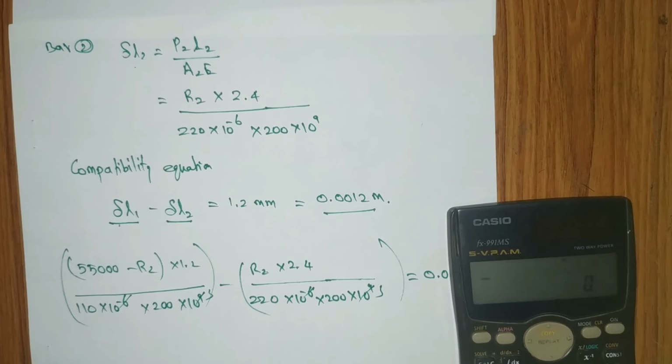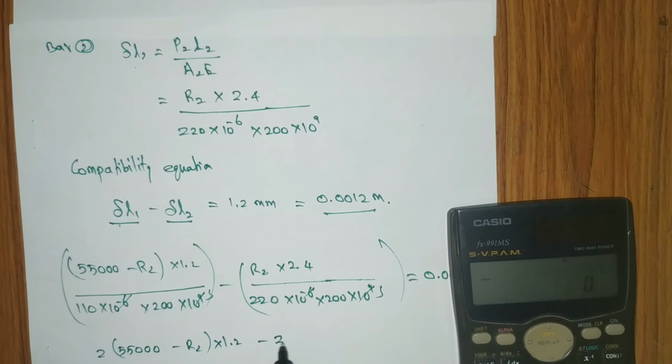So we have 2 times of the cross multiplication, you will get 25500 minus the R2 into 1.2 minus of 2.4 R2, this 2 times.